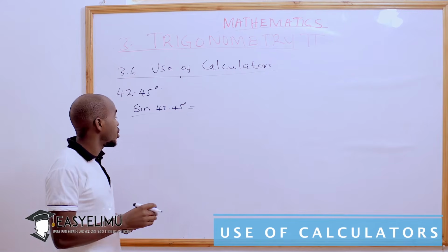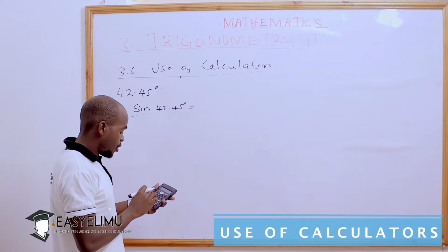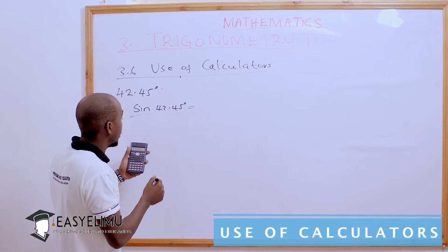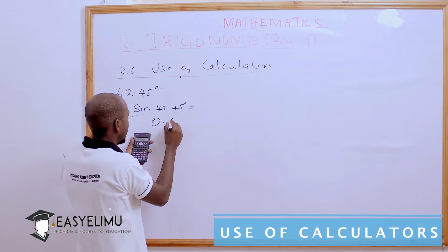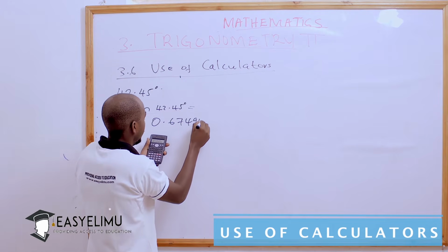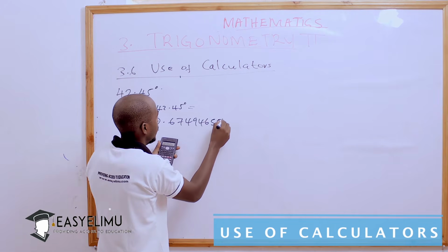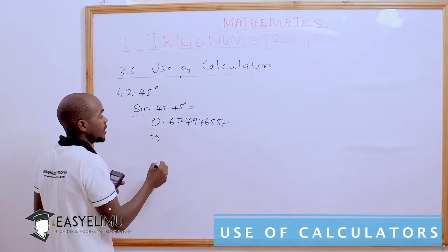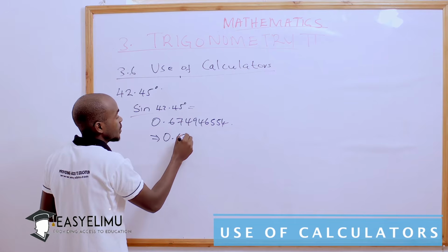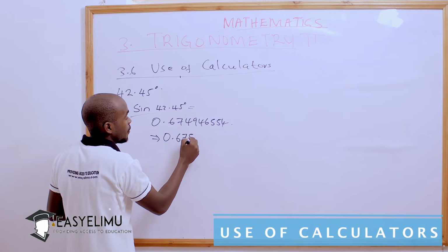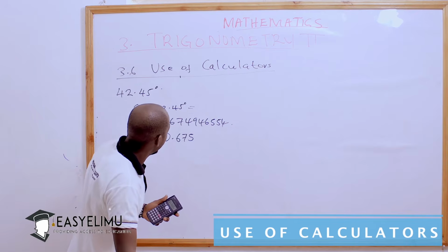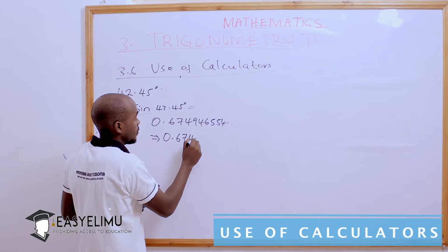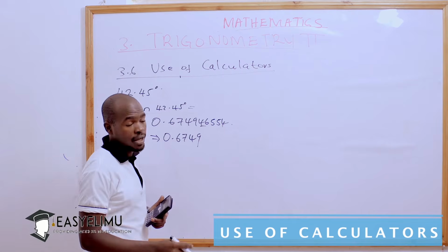For this instance, you will find that the sine of 42.45 using a calculator will give you 0.6749465554. Then you just round off to 4 decimal places and you will find it is 0.6749, because the next digit is not greater than 5.